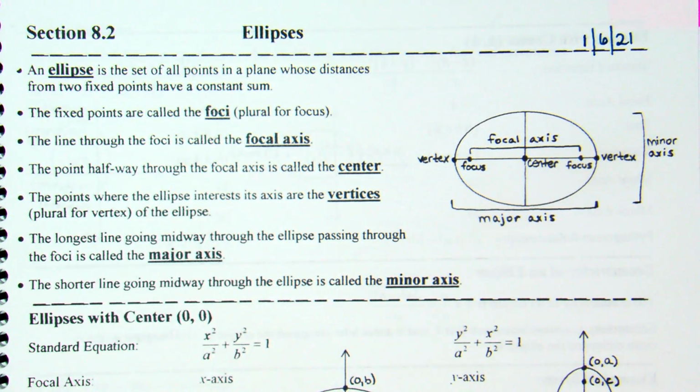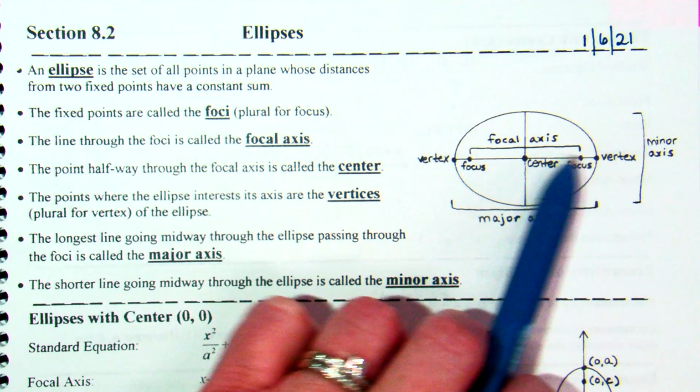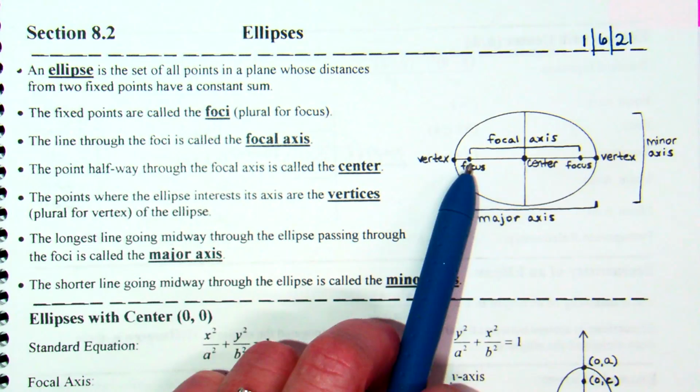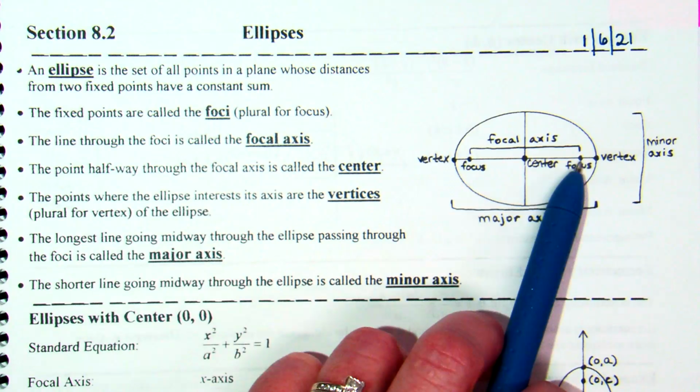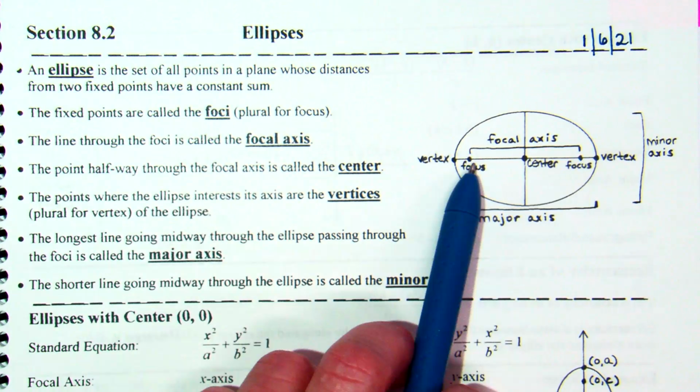Okay, so we have an ellipse, foci. There are two points inside the ellipse. The line through the foci is called the focal axis. So the distance from one focus to the other focus is the focal axis. The point halfway through the focal axis is called the center.